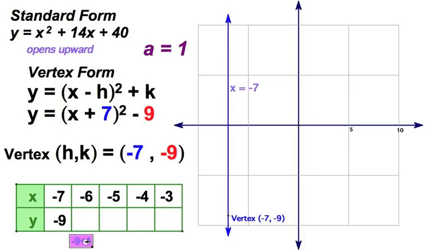So I could find all these values really easily just by imagining this. I could just count if I had conventional graph paper, but I could just calculate them like this. There you go. I'm moving up 1, -8. I'm moving up 4 from the -9. I'm moving up 9 from -9, and moving up 16 from -9. Easy enough to plot those points.